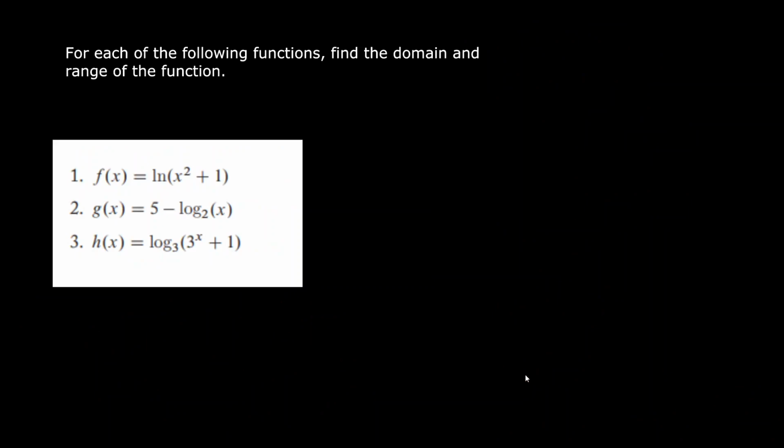Okay, next. Dito naman tayo. For each of the following functions, find the domain and range. So, titignan lang natin. Diba, sabi niya, ang ln x ay equivalent din sa log x. Tama? Okay.